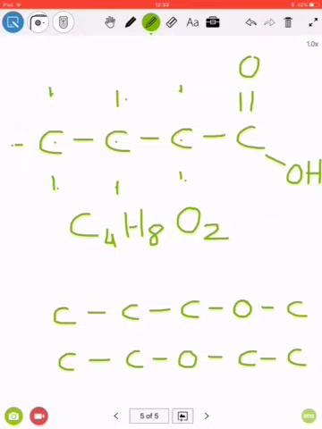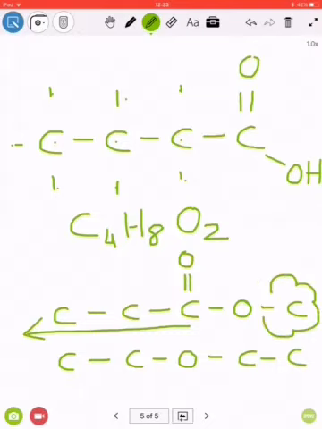And you can also decide where you're going to put the double O. So you could put the double O on this carbon here, which means the main name will be according to the 3 here. It will be methyl, because there's only 1 carbon here, and because there are 3 on this side, propanoate. So it will be methyl propanoate.